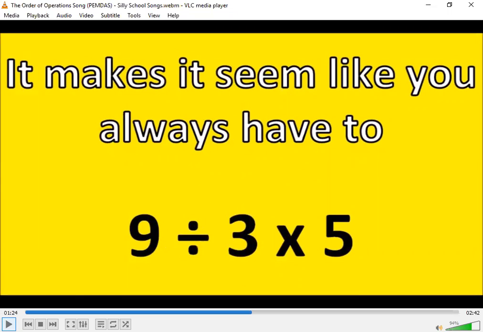Now we have a question like this: 9 divided by 3 times 5. Here in this question, what do you notice? We have how many operations in this question? 2 operations, which are 9 divided by 3, and 3 multiplied by 5.